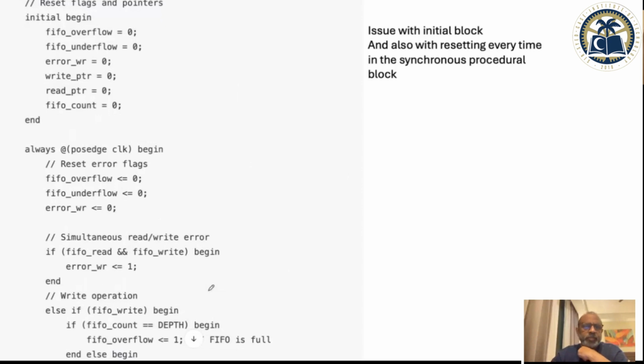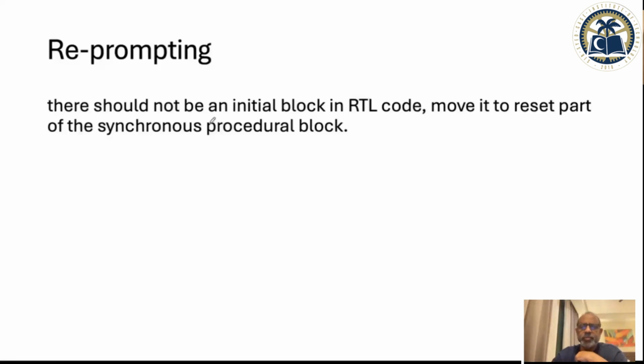The issue was that all these flags were set to 0 in an initial block, which obviously must not be part of the RTL code. The same thing with the error signals, set to 0. So I asked it that there should not be an initial block in the RTL Verilog code.